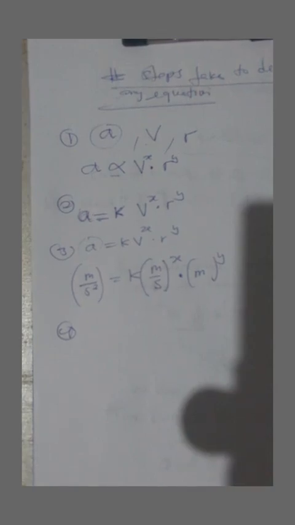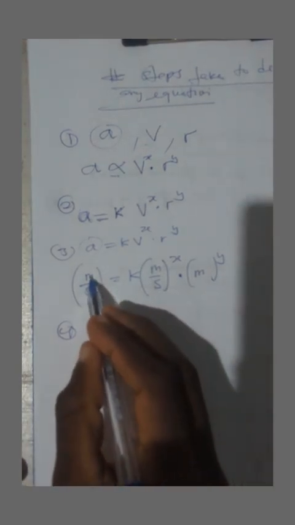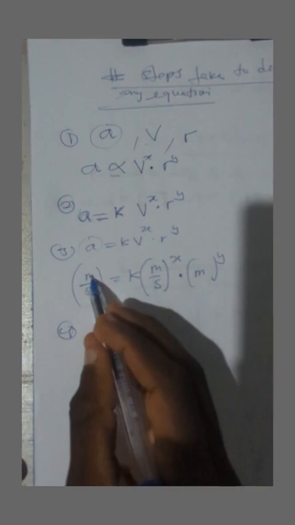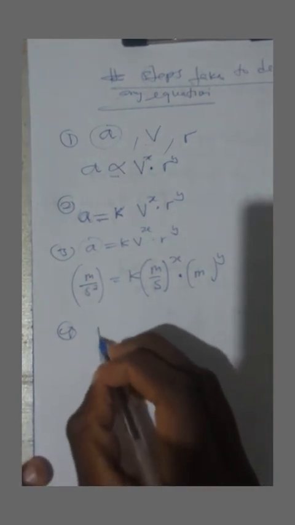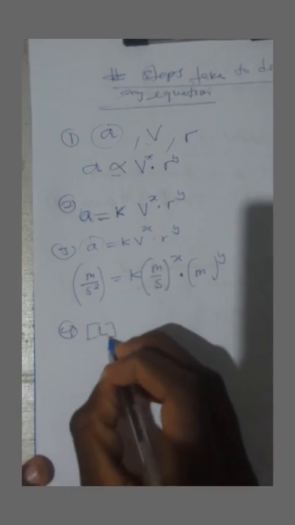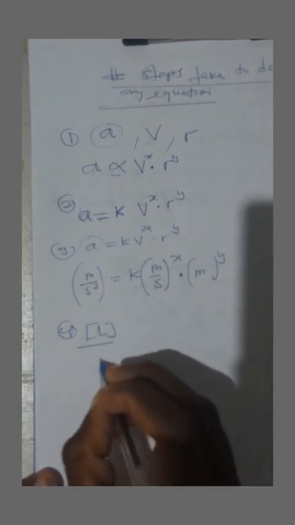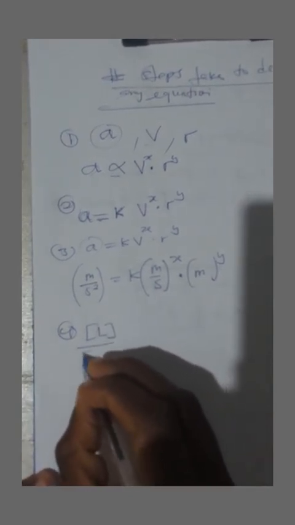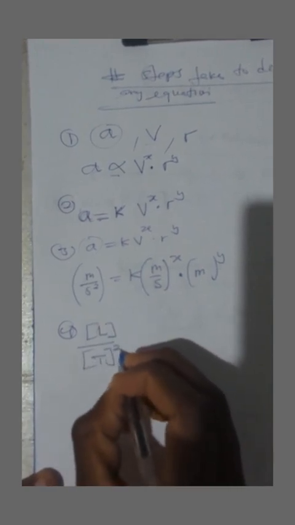Remember, in dimensional analysis we only deal with dimensions: length, mass, and time. So for meters, the dimension is length, and we use capital L in square bracket over T in square bracket. The square should be outside.